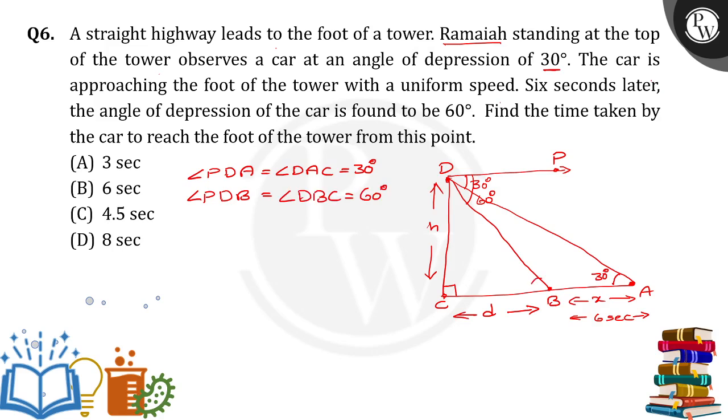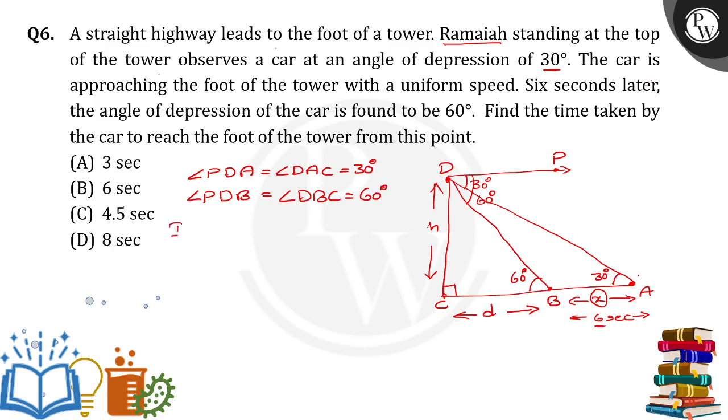So this angle is also 60 degrees. Now we have to find the time taken. Before that, we know that the car traveled x meters in 6 seconds. So this relation we have to apply here.